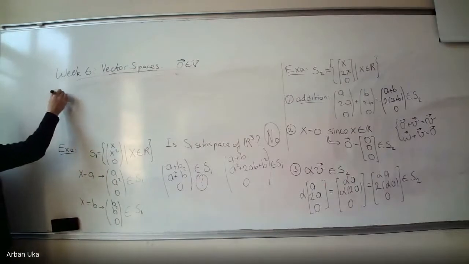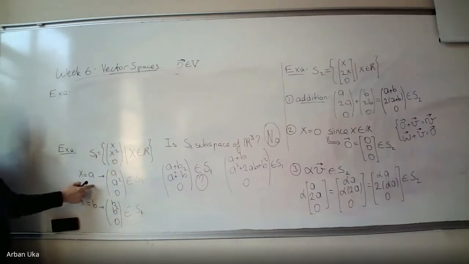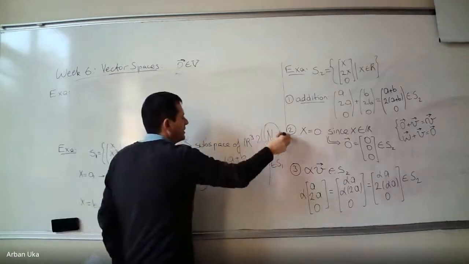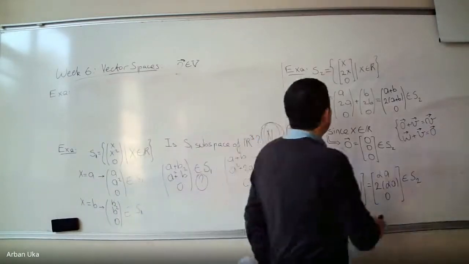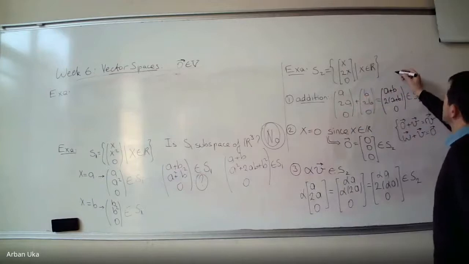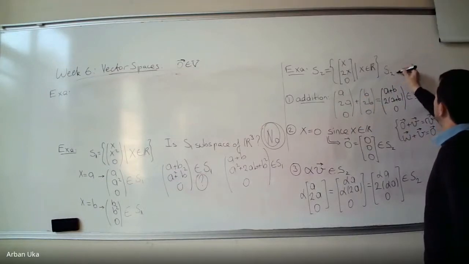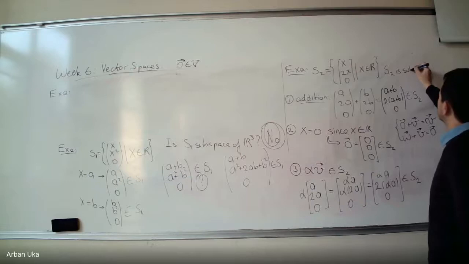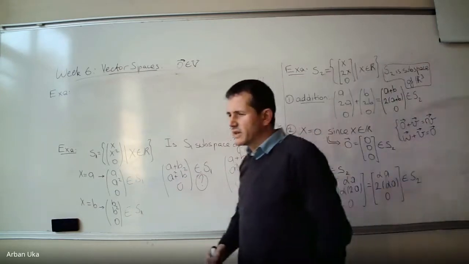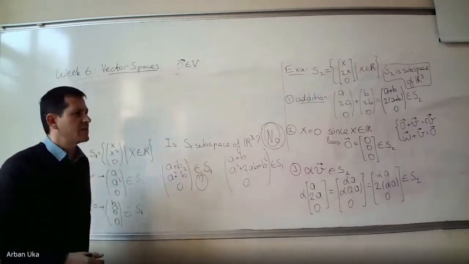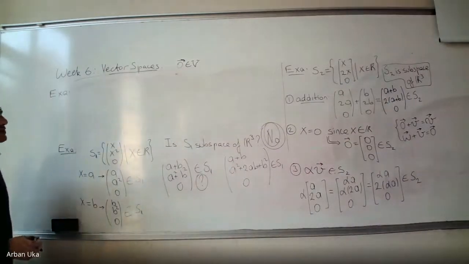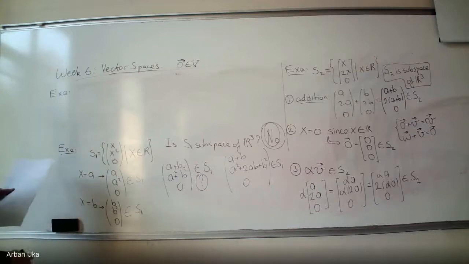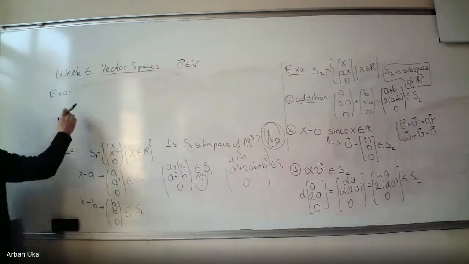We can say that S2 is a subspace of R3. Why are we asking whether it is a subspace of R3? Because we need a triplet of numbers to compose this vector of ours. Now, let's see a couple more examples.